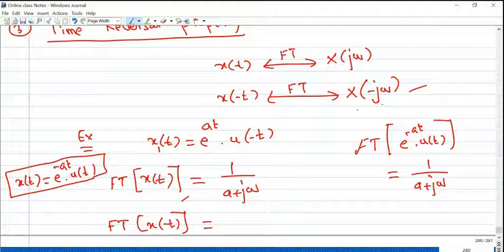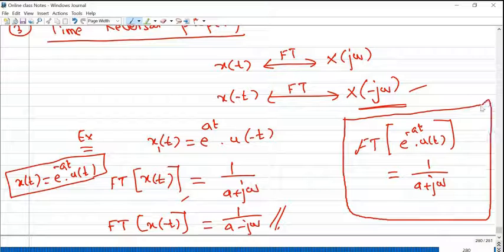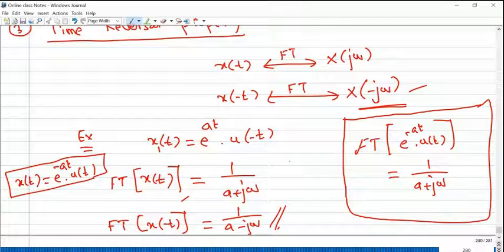So what does the property say? Wherever j omega is there, replace j omega by minus j omega. In this example, only one j omega term is there, so that j omega is replaced by minus j omega. So remember, this is another formula. E power minus at u of t gives 1 divided by a plus j omega; this formula we have already derived. To find the Fourier transform of x1 of t equal to e power at u of minus t, apply the time reversal property.